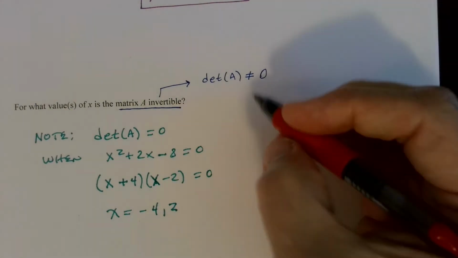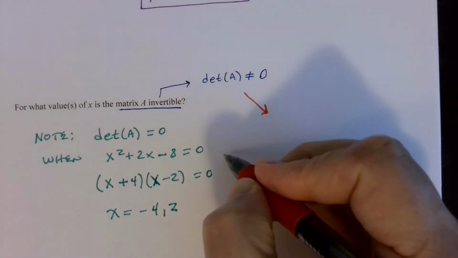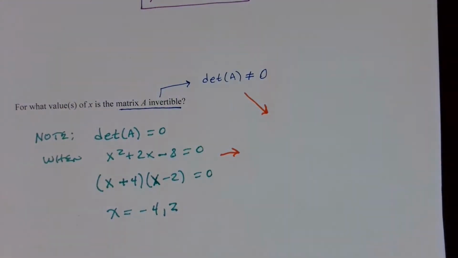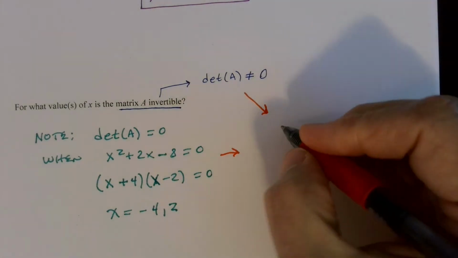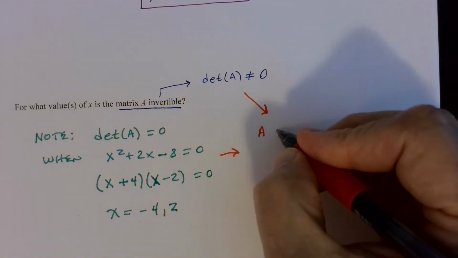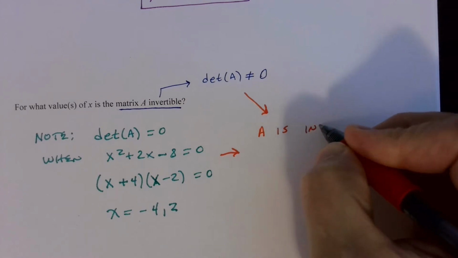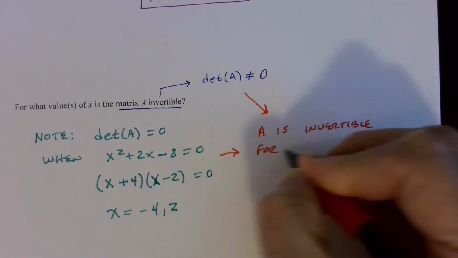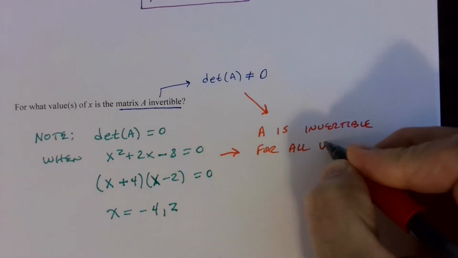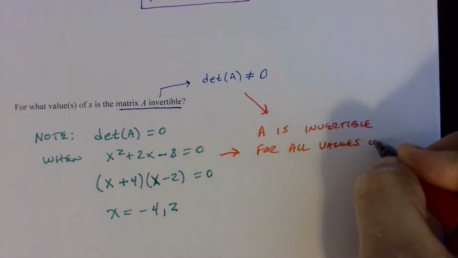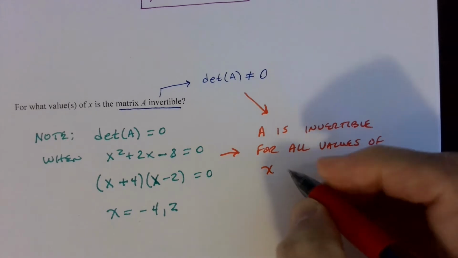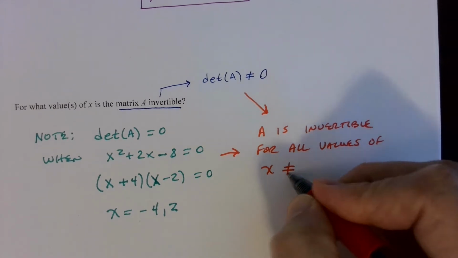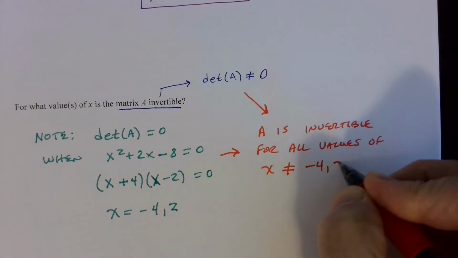So what am I going to answer here? For what values of x is the matrix invertible? A is invertible for all values of x not equal to negative 4 and 2.